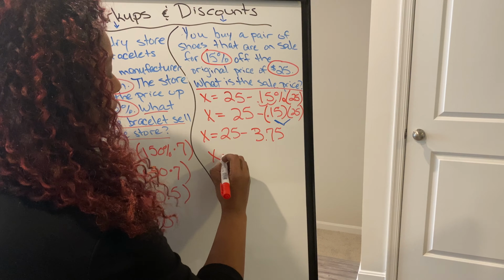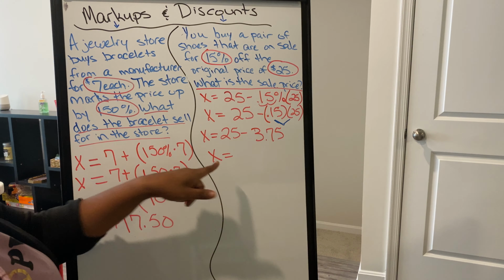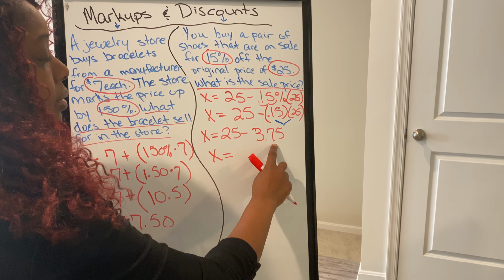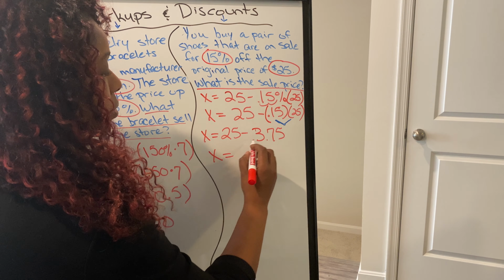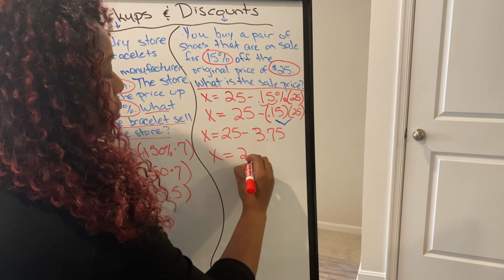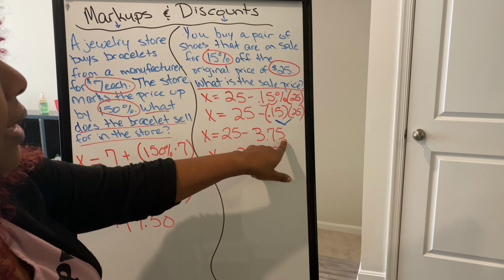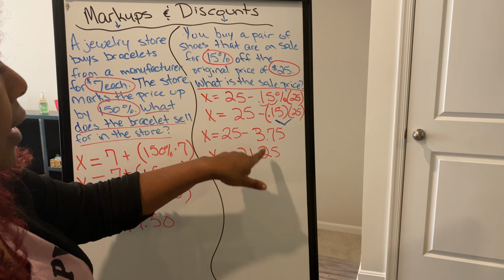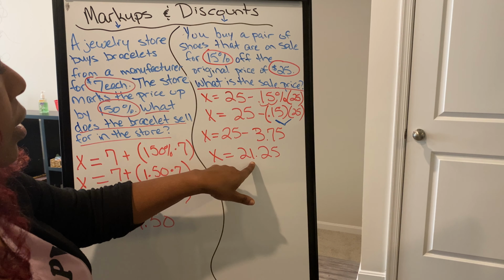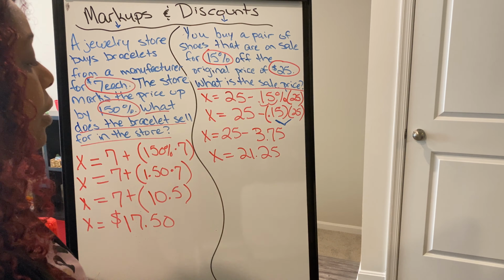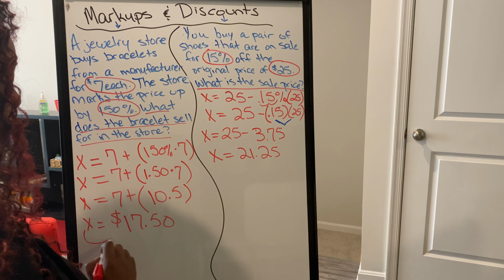So X, or my sale price, is going to equal this minus this. So this minus that should give you $21.25. Yep, 25 and 75 cents is $1. That takes it up to 4. Add $4 to there, you get 25. Okay? So that is your final price.